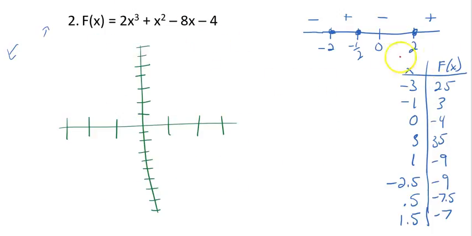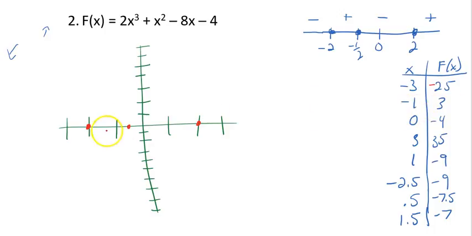Okay, so now I'm ready to graph. I know my zeros are at -2, at -1/2, and at +2. I know my ends should go down and up. I know I should be negative, positive, negative, positive. So now I'm going to plot my points. At -3, I'm at -25, which is off my screen.